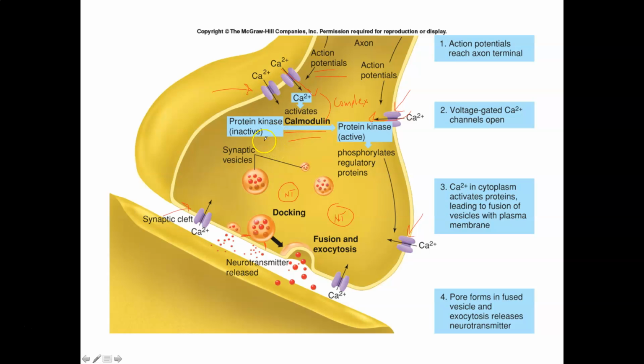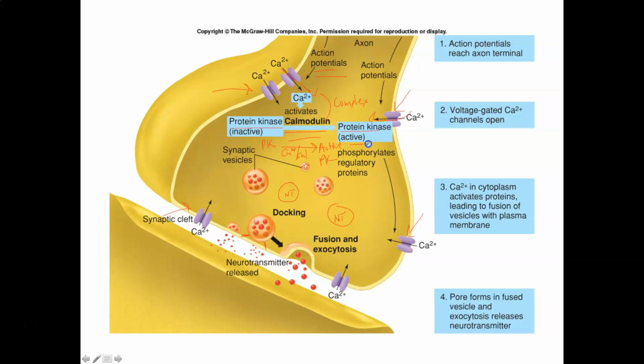So protein kinases, I'll say PK, right? Protein kinases exist in an inactive form within the axon terminal, but once they interact with the calcium, let's say calcium calmodulin, once they interact with that complex, that inactive protein kinase can become active protein kinase.